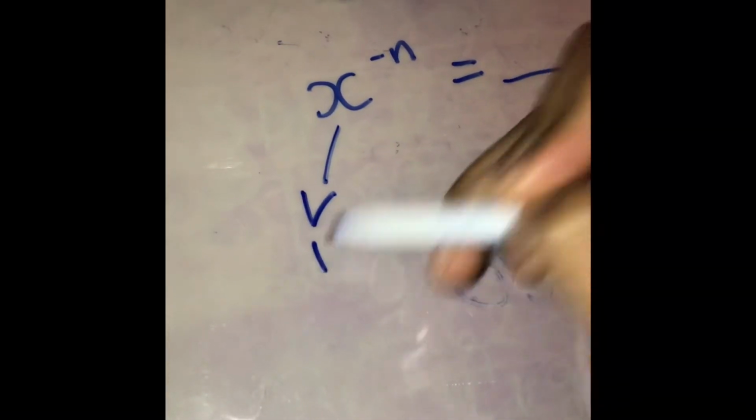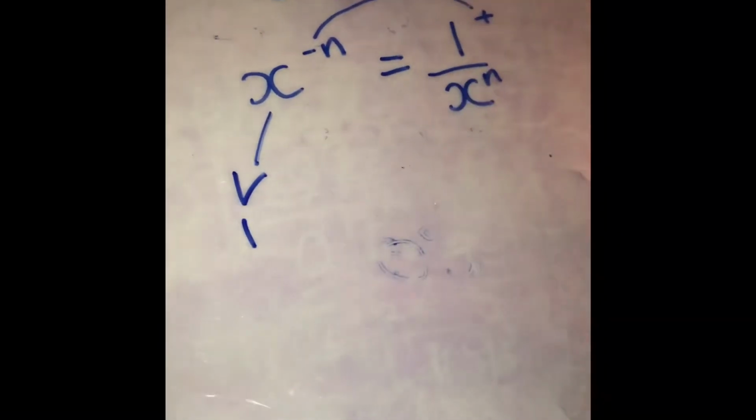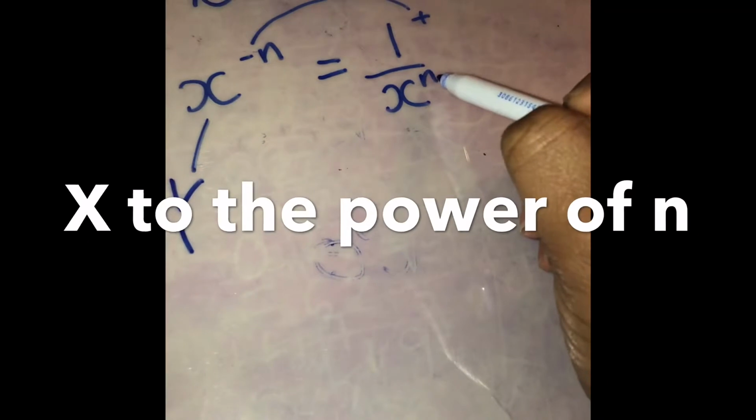When you have an expression such as x to the power of minus n, as a fraction this would be 1 over x, and the minus n turns into a plus. So it's 1 over x to the power of n.